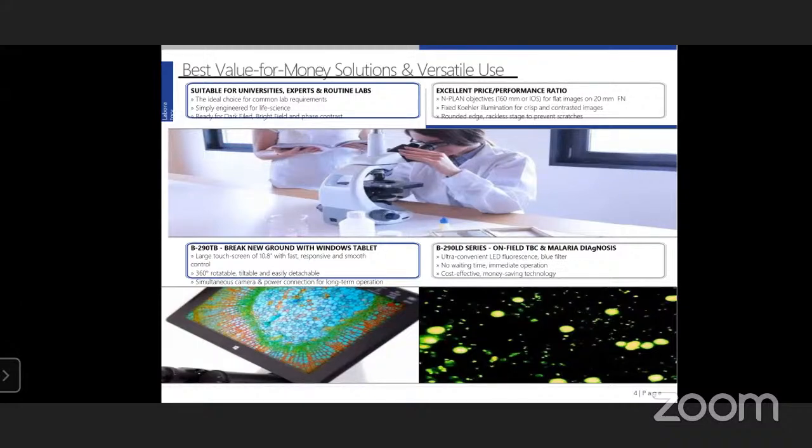First, it is suitable for all universities, experts, and routine labs. The equipment is very sophisticated and easy to handle. The software is also sophisticated and easy to handle for end users and customers. Then we provide excellent prices, minimum prices with good performance ratios, with different types of objectives. They are called achromatic objectives.